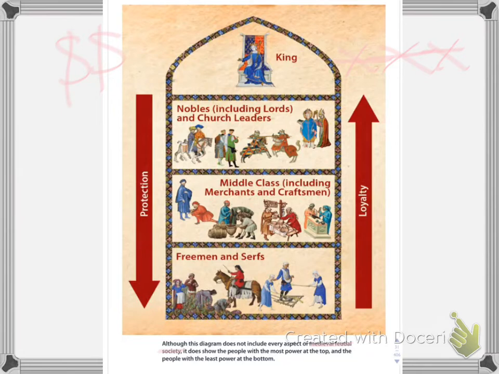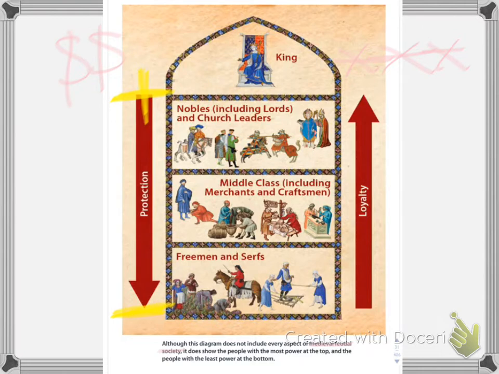If I look at the left arrow, the arrow that says protection, the higher the people are in this society, the more protection they have. The lower they are in the society, the less protection they have. So lots of protection, less protection.